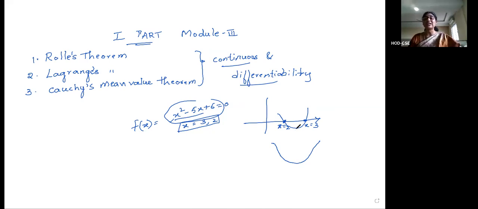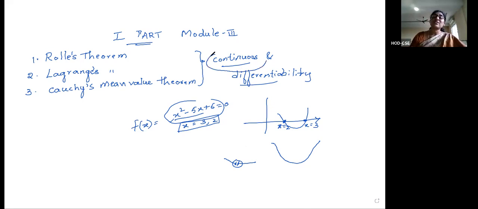If there is a split, the curve has broken there and it is not continuous there. If I refer to this curve, you can see that here and here the curve has broken, and then we'll have the minimum and the maximum value at the same position, and you can't tell about the increasing and decreasing of the function, and you can't tell about the solution of the function. So all these are interlinked with the concept of continuity.